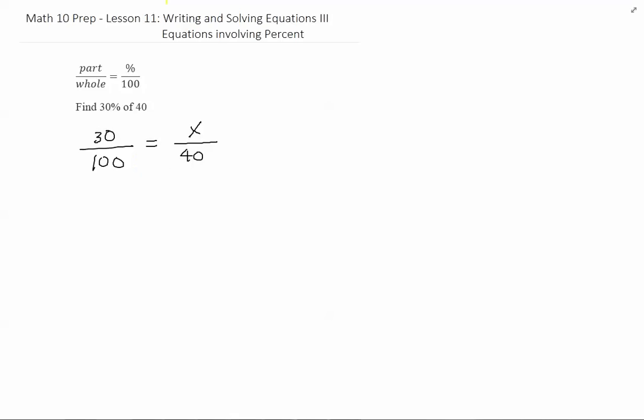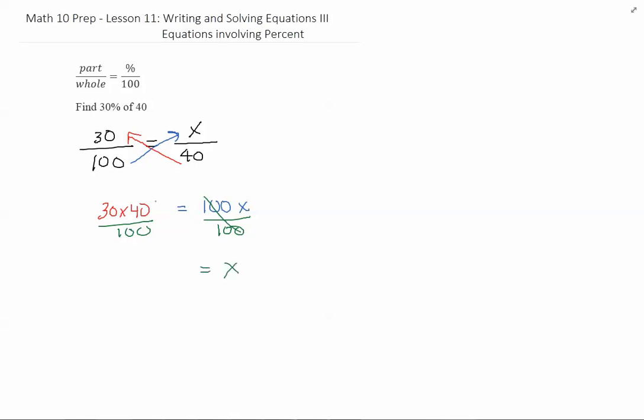We take 30 times 40 and we multiply 100 times x. That we then simplify by dividing by 100, so we're isolating our x.